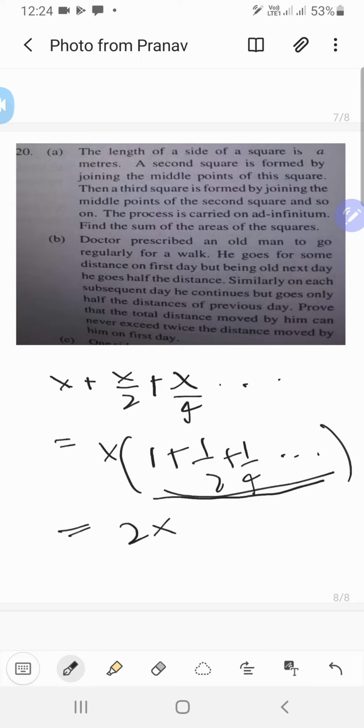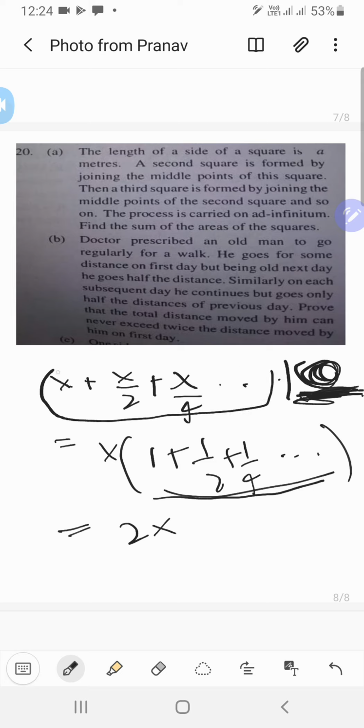So it's going to stop somewhere, and it's not going to go through the remaining infinitely many terms. So there's a finite limit on how much he can walk, and that is going to be 2x. He cannot walk more than 2x.